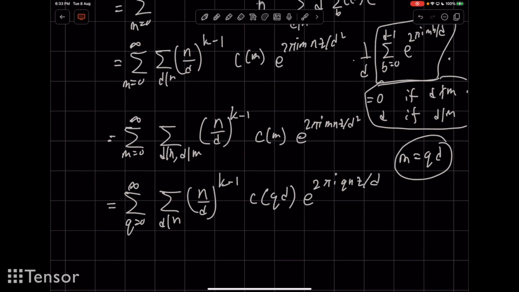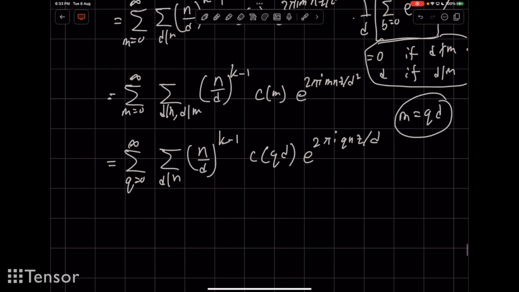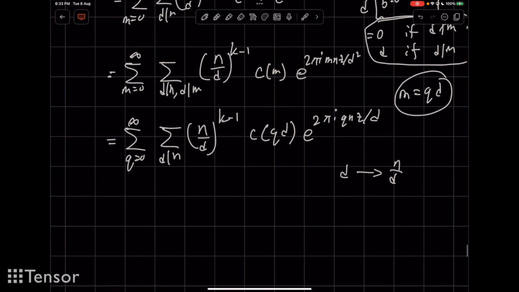Okay. Now what we are going to do is basically replace d by n over d. If d runs over all the divisors of n, then n over d also runs over all the divisors of n. So this is a very common trick that we use.